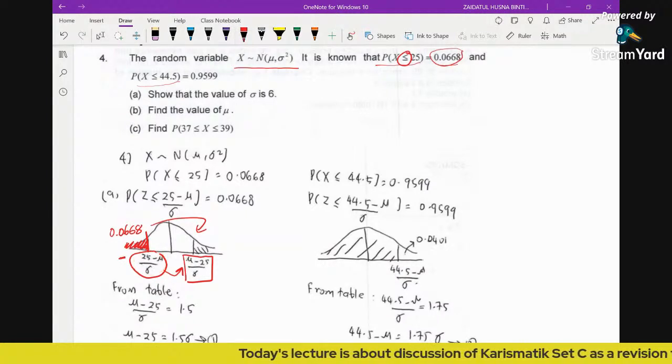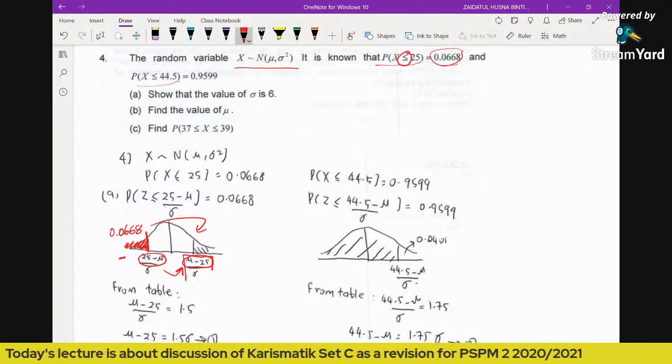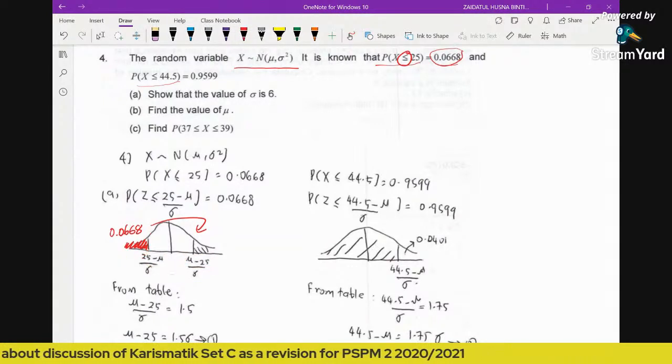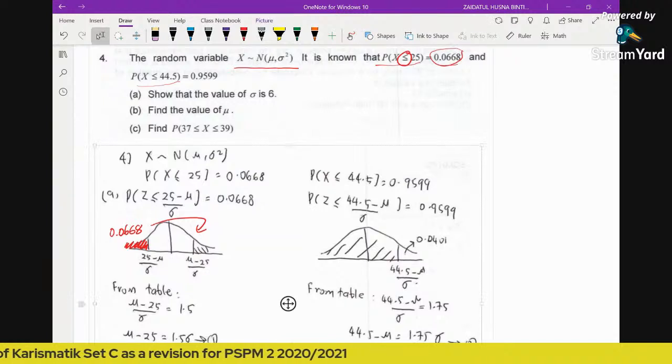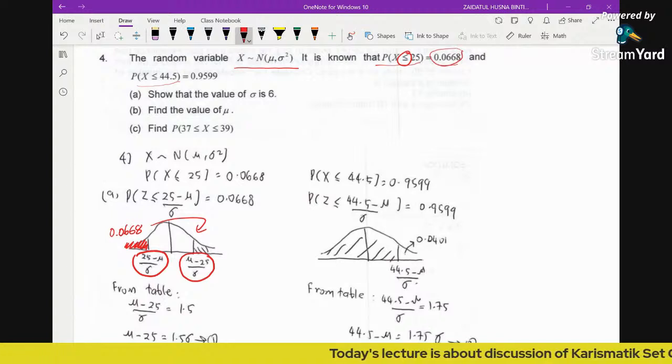So you can see that from 25 minus mu, this has become mu minus 25. Why? In the beginning, this is supposed to be the negative value. But once we rotate, we need to multiply with negative to give us this. So you will have mu minus 25 divided by sigma.